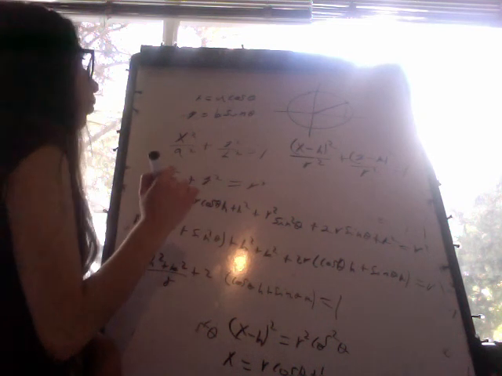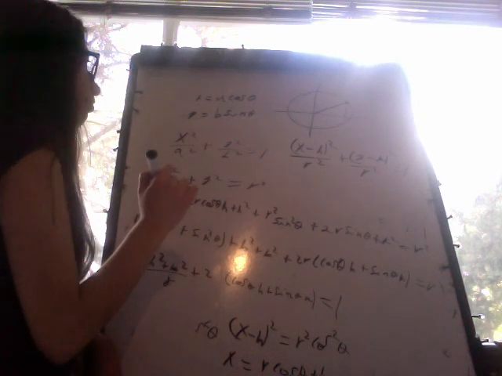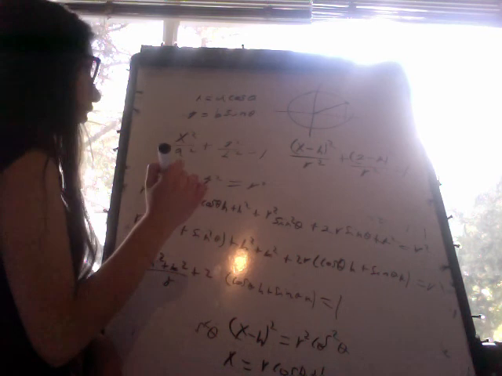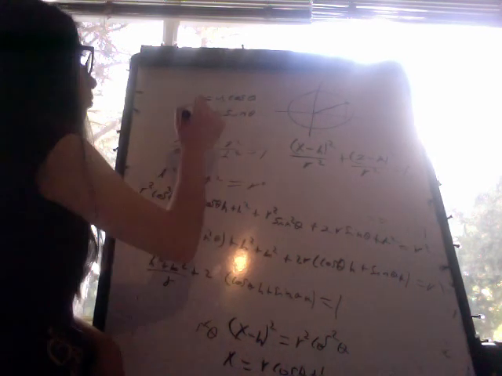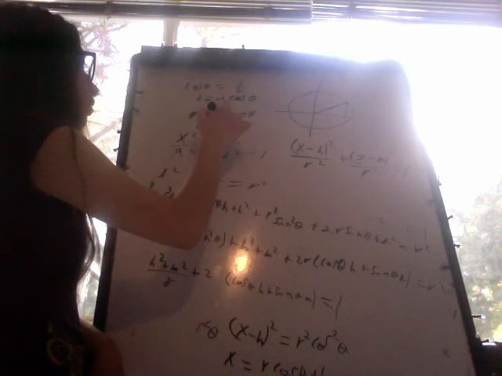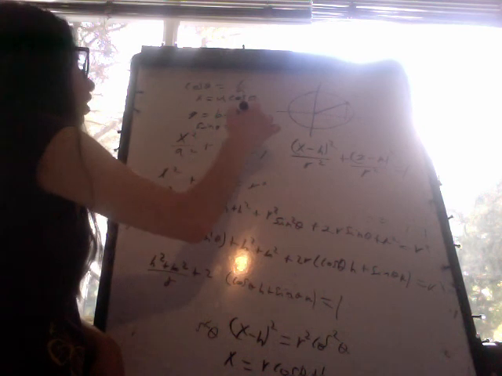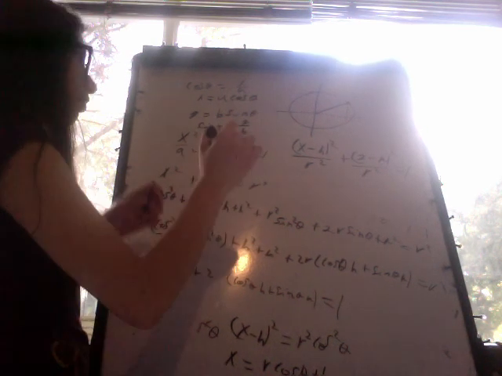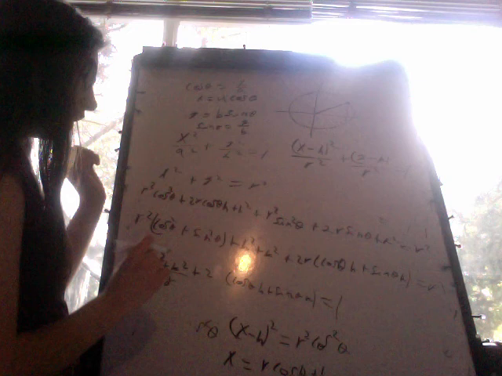Because let's say what's cosine of theta? Cosine of theta would be x divided by a, and sine of theta would be y divided by b. First, let me do it in this circle.